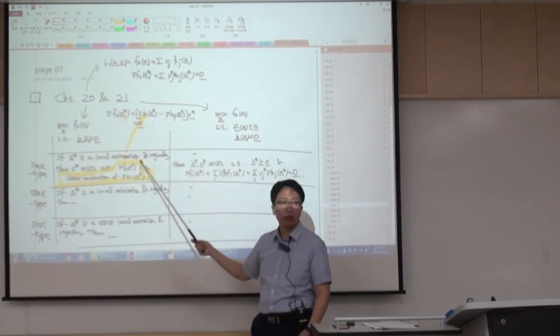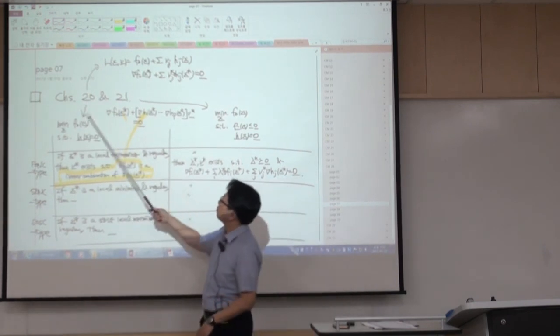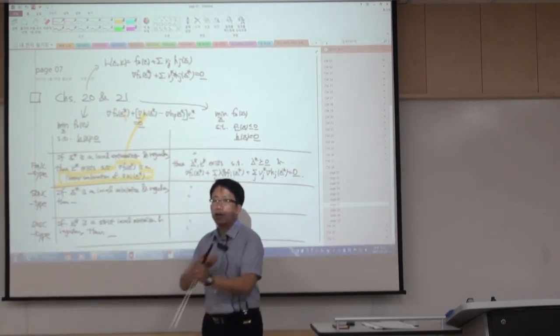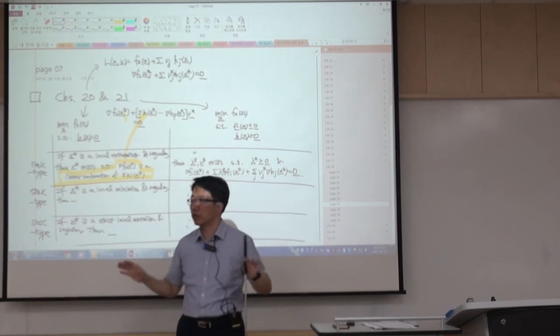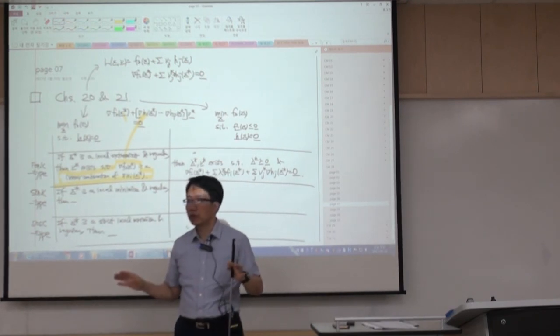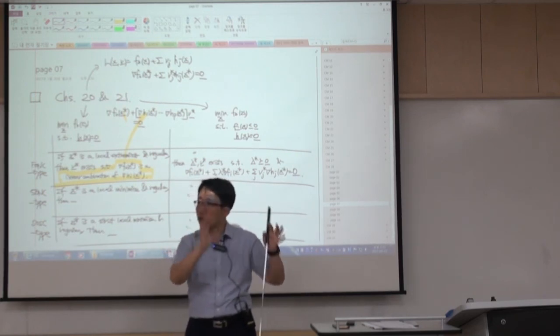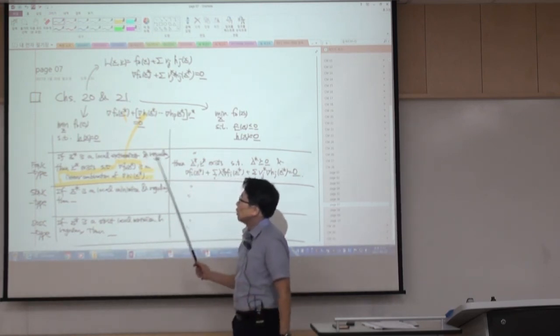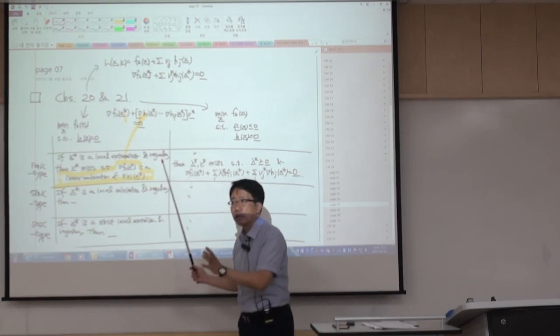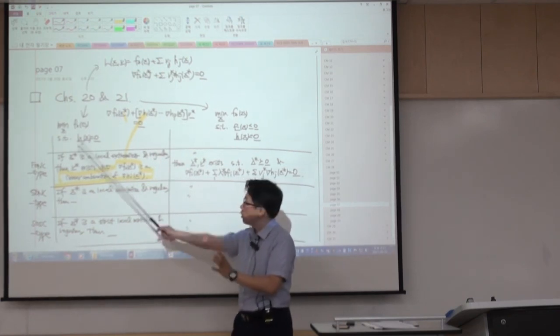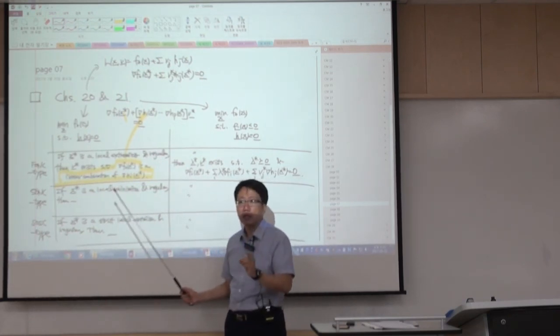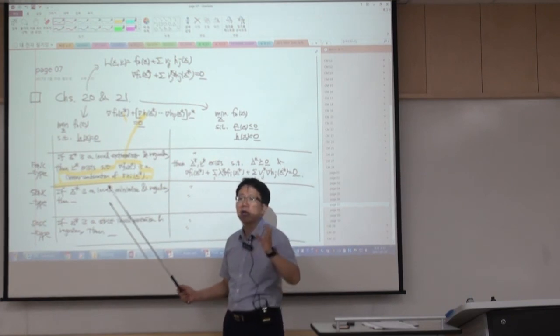So suppose you are given a problem and there are several local extremizers. And this is important, some of the local extremizers are regular, but some may not. Then this theorem is useful in finding local extremizers that are regular.